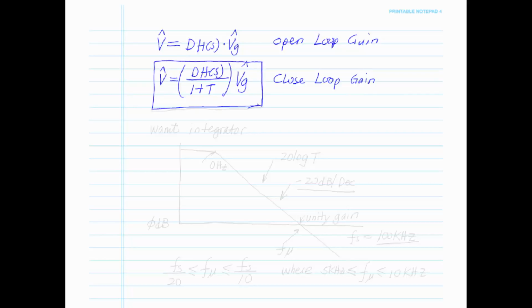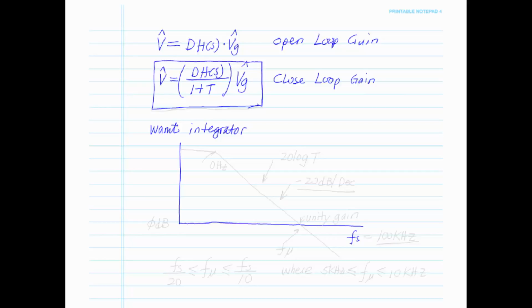So when we close the loop, this will be the transfer function for input to output. And as you can see, what winds up happening is for lower frequency, the loop gain, the gain T will be very high. And we will see when we do feedback, you always have to know what you want in your feedback loop. And what you want is an integrator, ultimately.